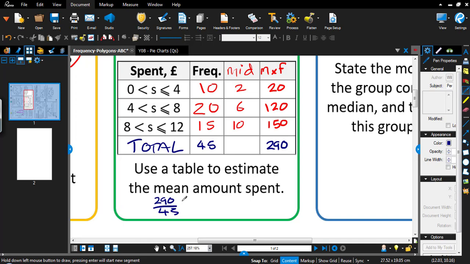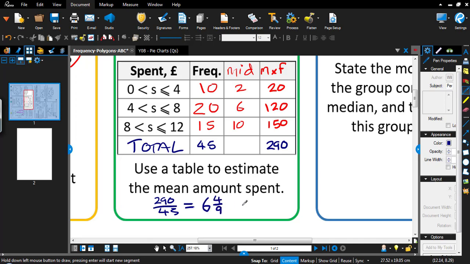I actually don't have a calculator with me. I'll have to do this on my phone. It should be around 6 point something. So 290 divided by 45, yeah, 6.444. So I'm just going to call that 6 and 4 over 9.